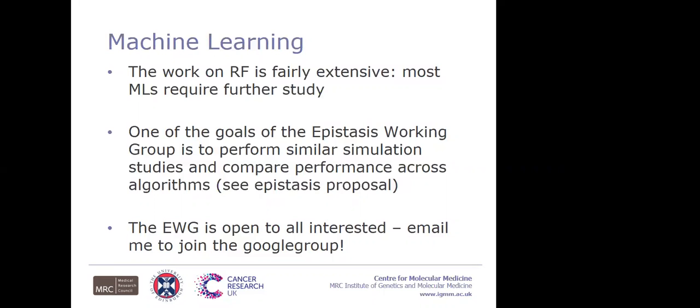So one of the goals in the epistasis working group that I'm chairing is to perform similar simulation studies to compare different algorithms and different methods across these types of conditions, which I think would be really useful across not just the PGC, but across genetics in general, because as I said, most of this work has not been done.